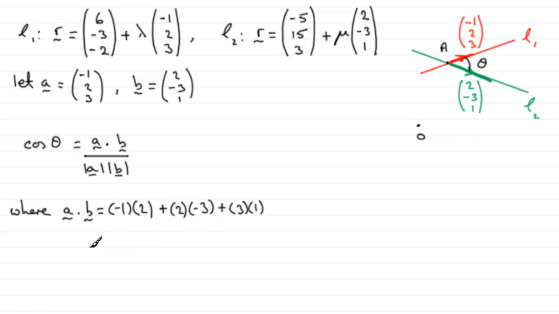And if you work this out, what we've got is -2 - 6 + 3, and that comes to -5. So we've got the top of the fraction here.